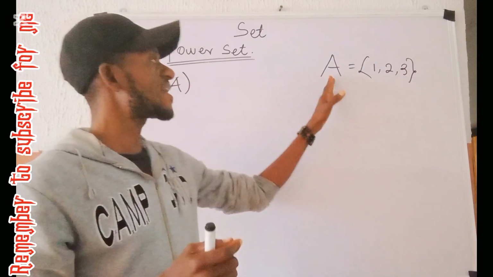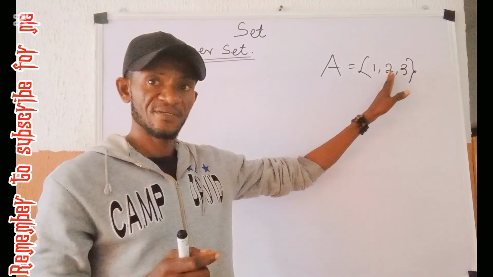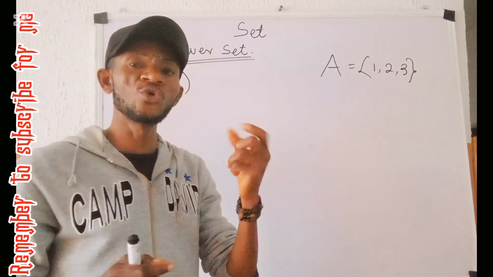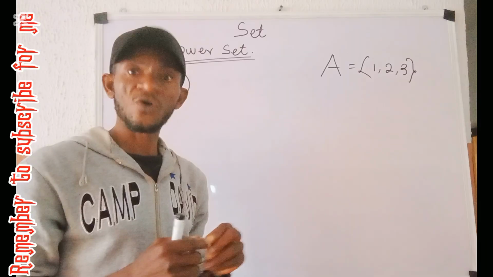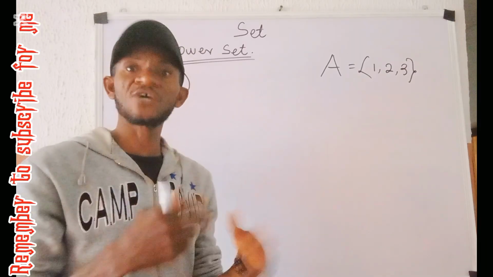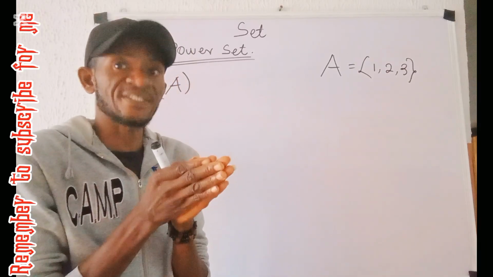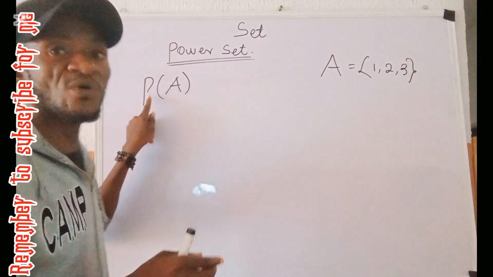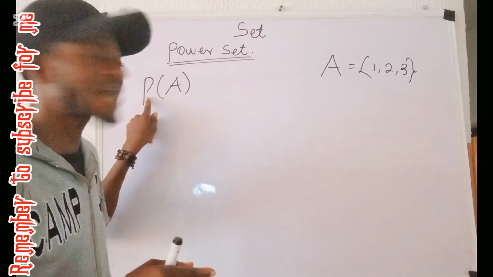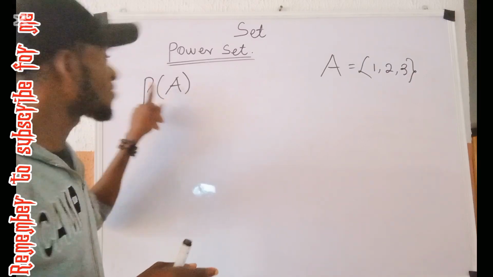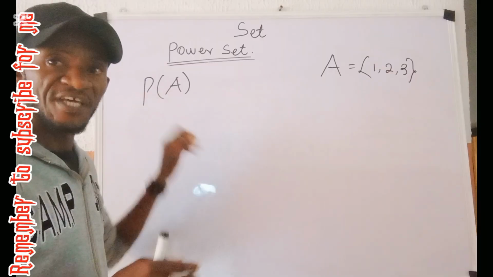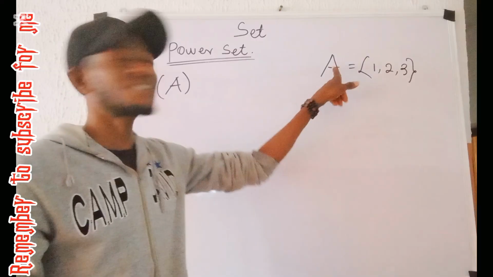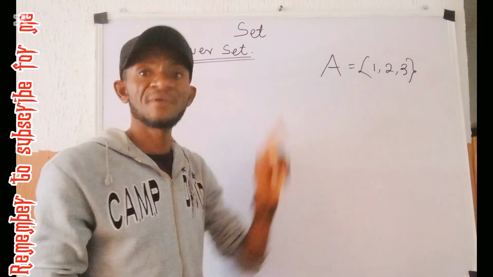So when a set A is given, not an empty set, and one is interested to know or to talk about the collection of all possible subsets of this set A, the person is talking about a power set. And it is defined as P of A. So this P of A stands for the collection of all possible subsets of this set A with the following members.